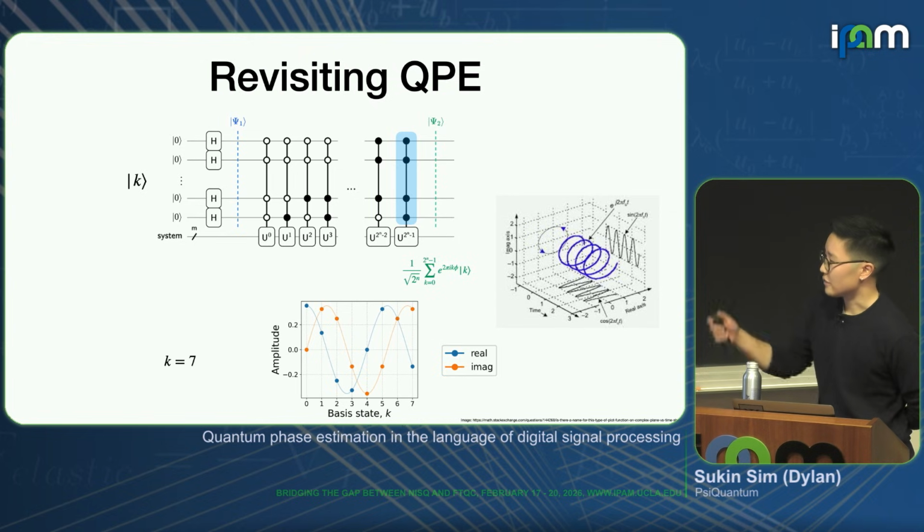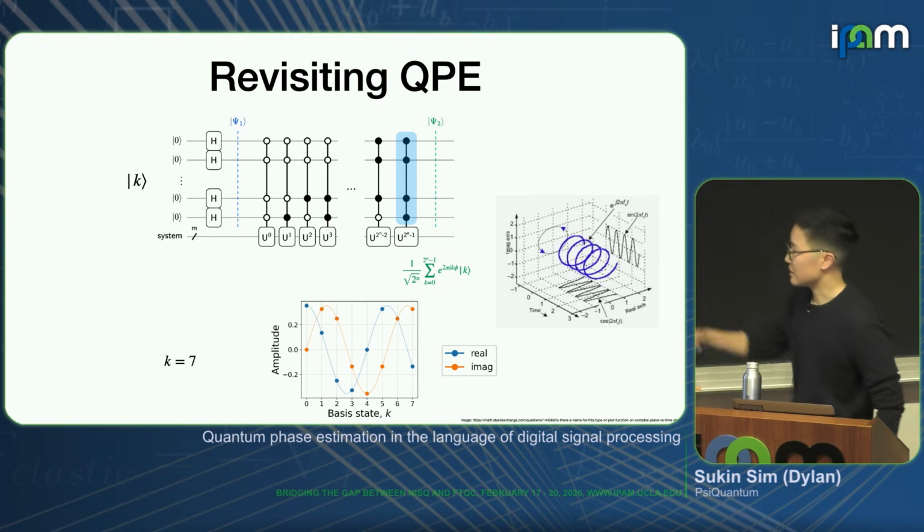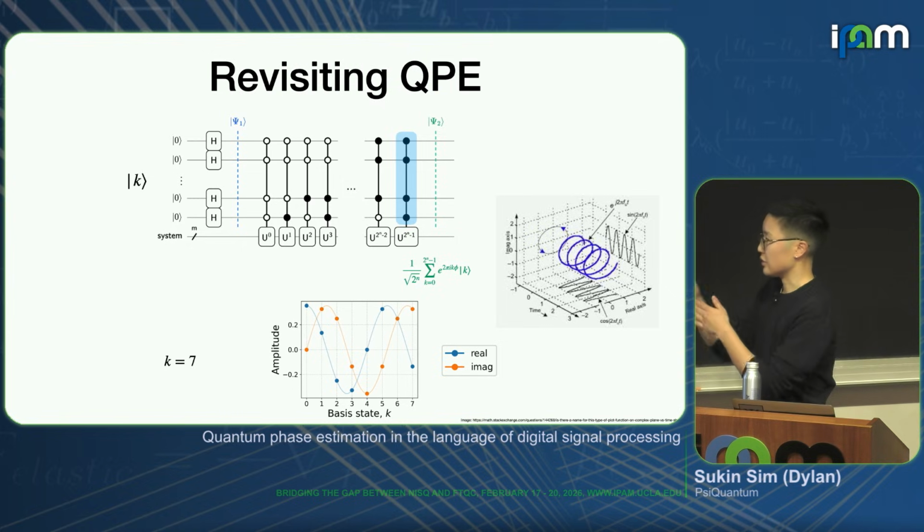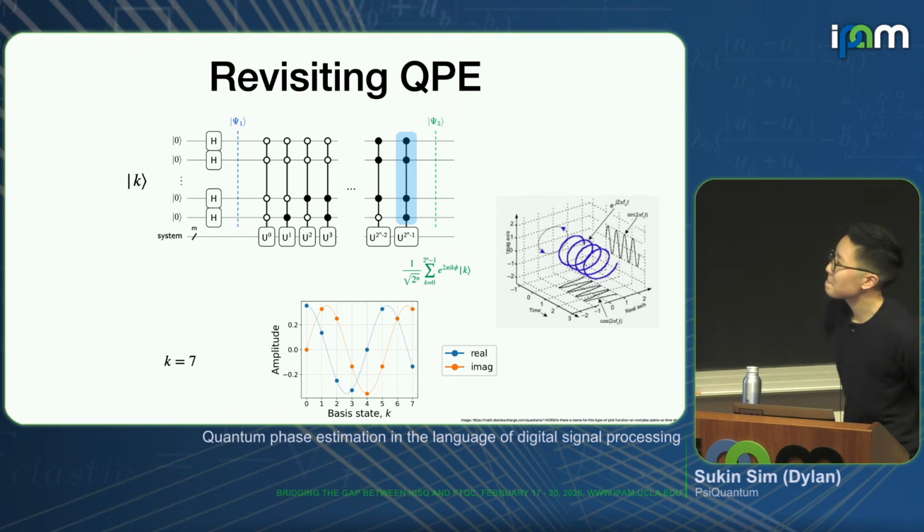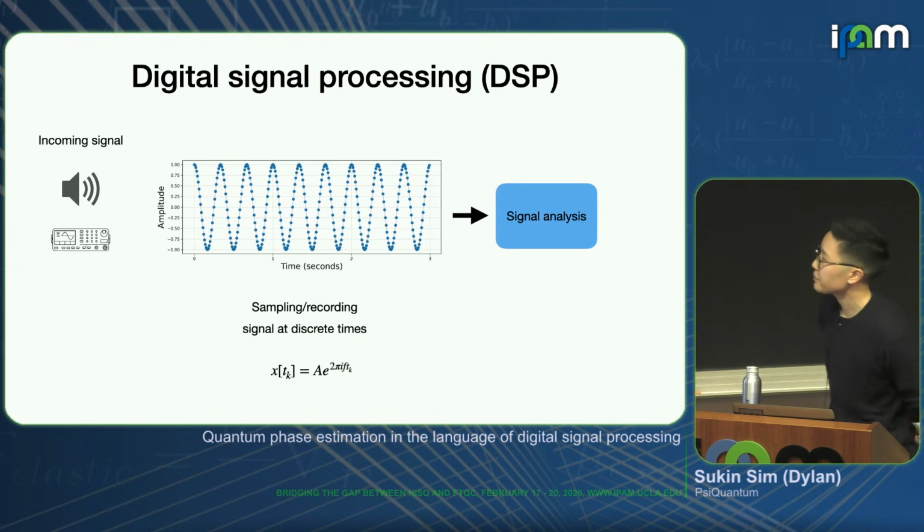I've only plotted the real and the imaginary components overlaid on the same plot, but there's another way to plot this, on different axes, as a spiral. This type of picture is not really new. We have seen this before, and not necessarily in quantum computing.